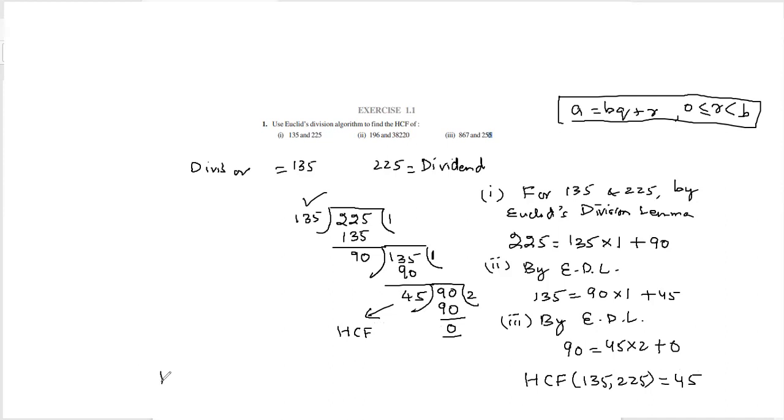You can write the HCF of 135 and 225 is equal to 45.